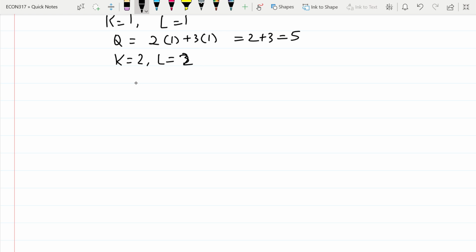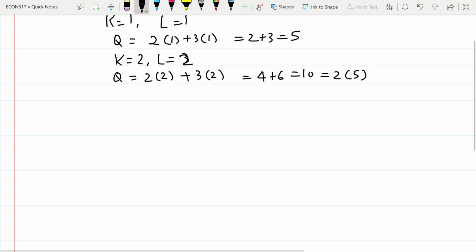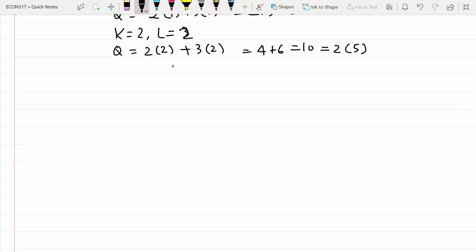So I have K equal to 2, L equal to 2, Q is 2 times K, so 2 times 2, plus 3 times L, 3 times 2, so I have 4 plus 6 turns out to be 10, which is exactly 2 times the output when K was 1, L was 1. So that's the proof that this production technology displays constant returns to scale.